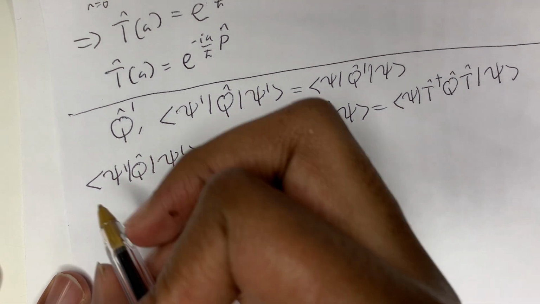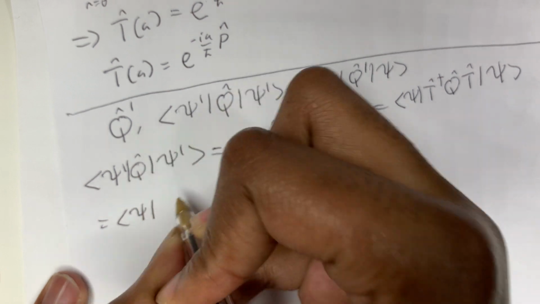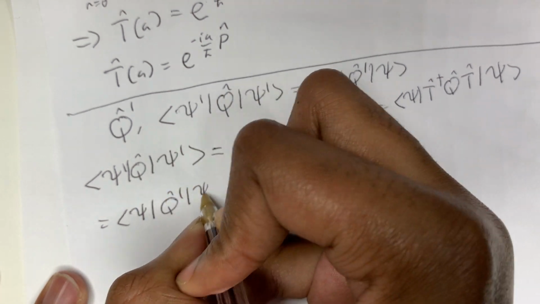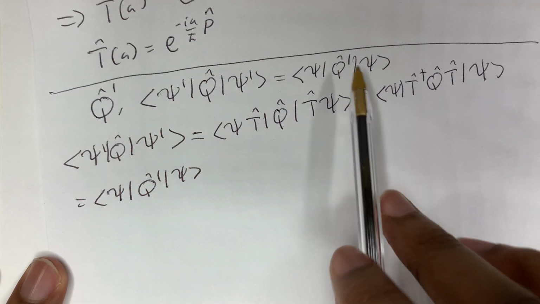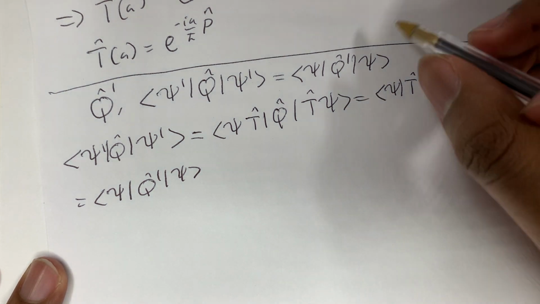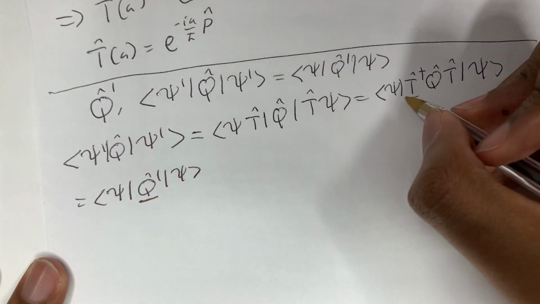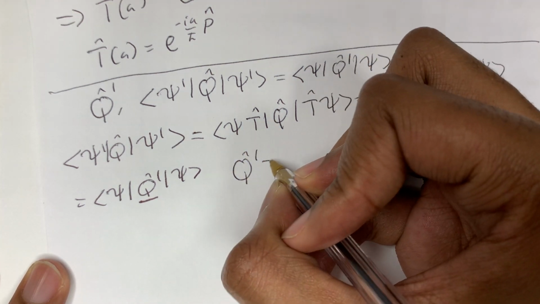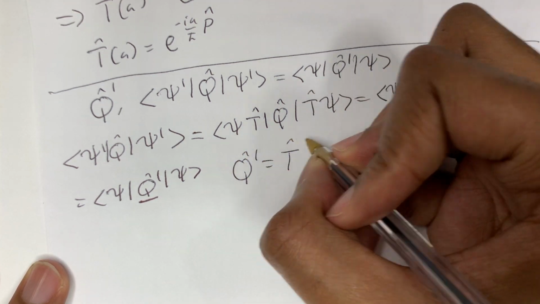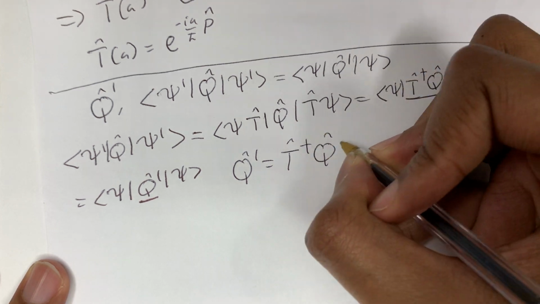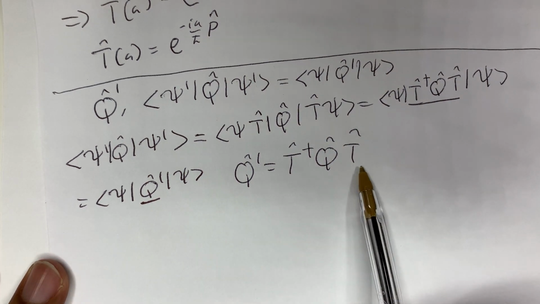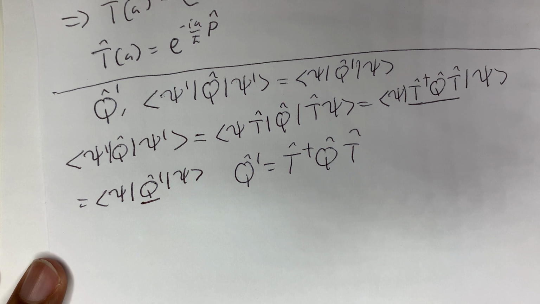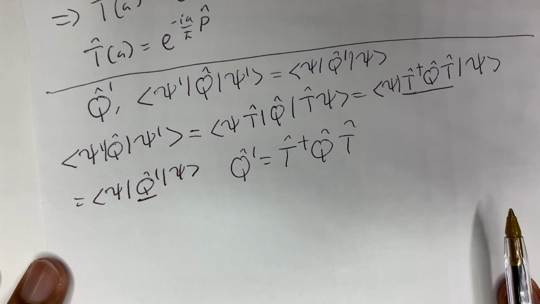And this equals psi, q hat prime, psi from our definition earlier. We just derived that q hat prime is the translation operator dagger, q hat, times the translation operator again. So that's the formula for translating an operator.